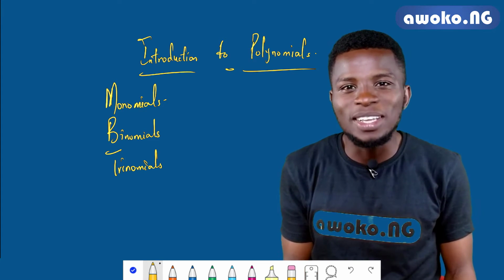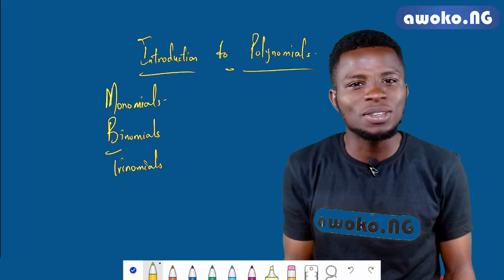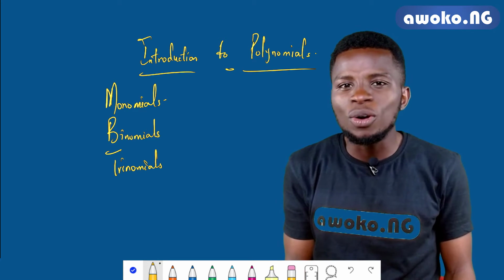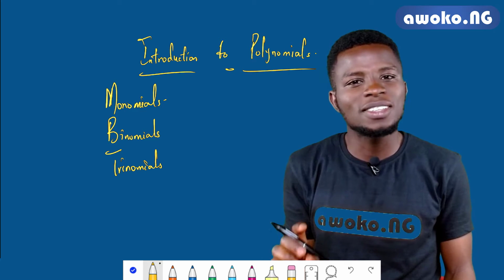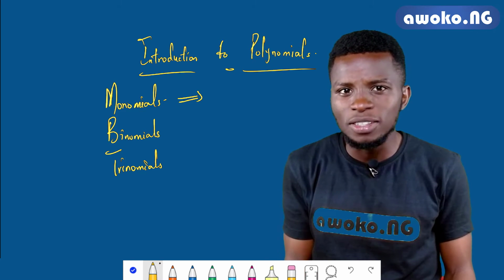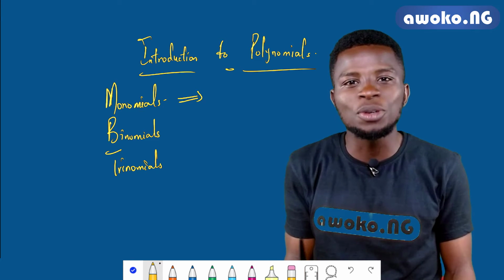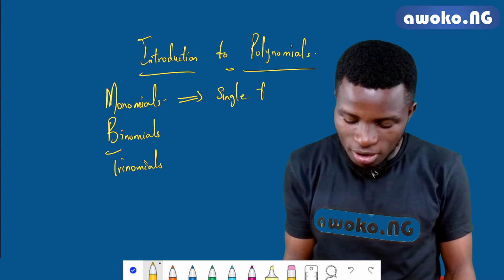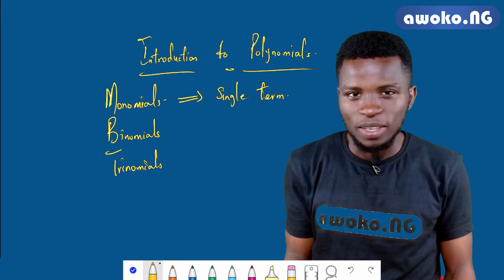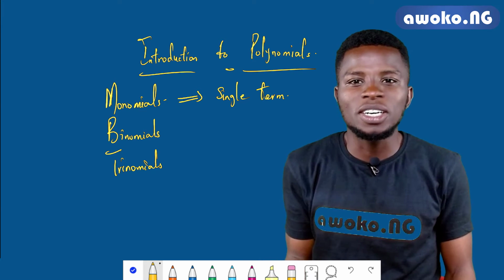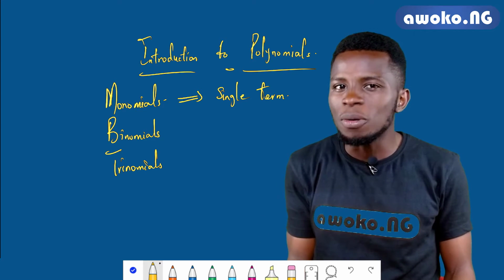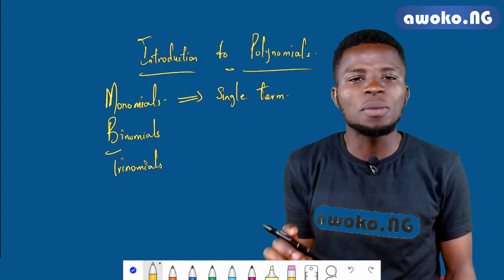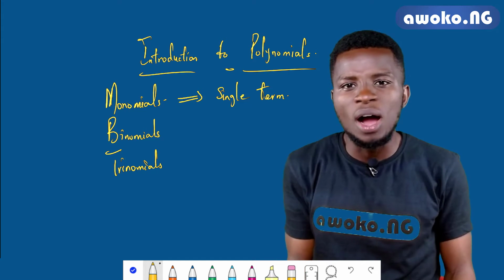A monomial is simply a mathematical expression consisting of a single term. So the first thing you have to note about a monomial is they consist of a single term. In a more general sense, a monomial is formed as a result of the product of the power of variables.